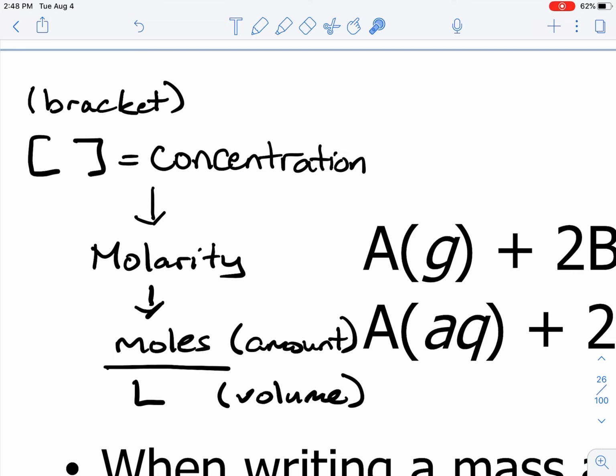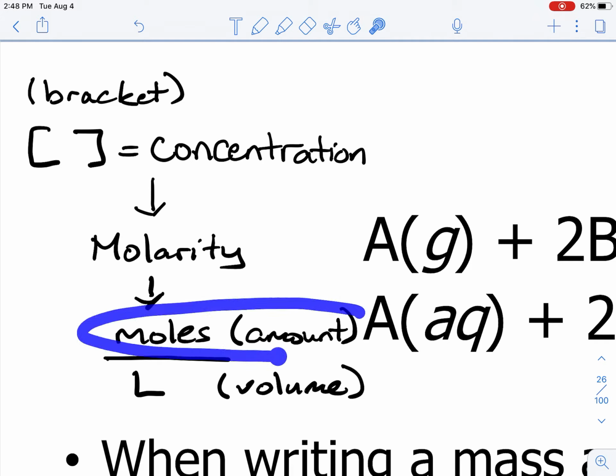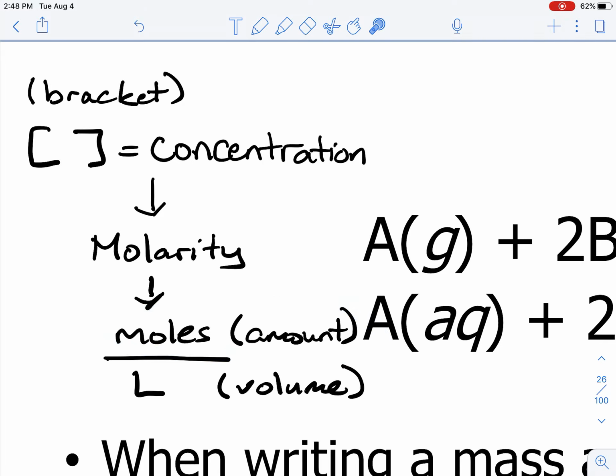There are other units that describe concentration, but for now we're going to be focusing on molarity. If we expand the definition of molarity, molarity is simply a ratio of moles of substance, which is a unit of amount, over liters, which is a unit of volume.